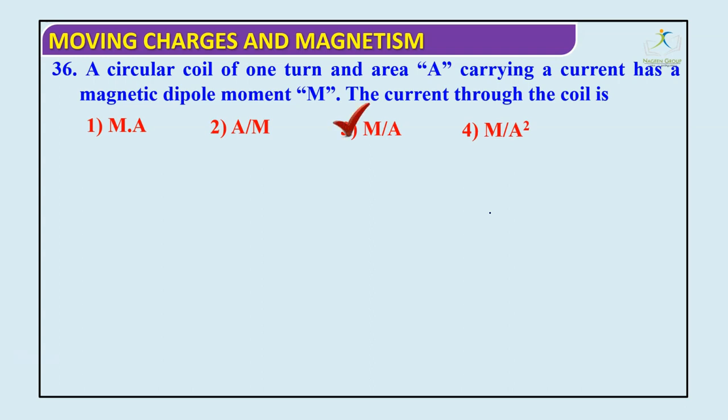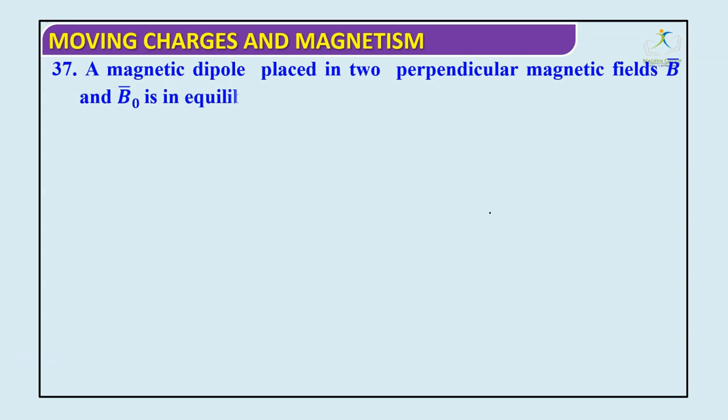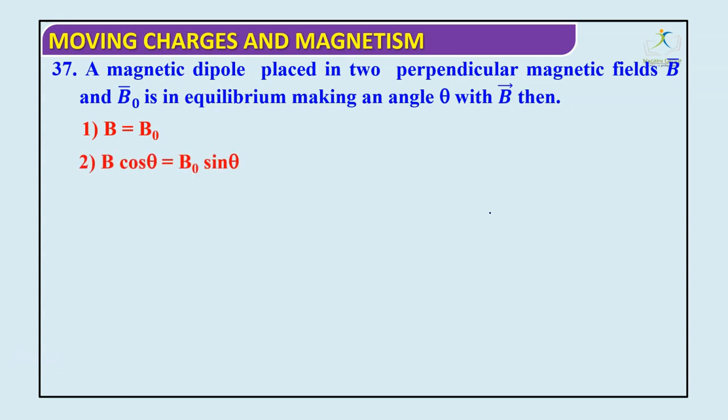The correct answer is M by A. Moving ahead, a magnetic dipole placed in two perpendicular magnetic fields, vector B and vector B naught, is in equilibrium, making an angle theta with vector B. Then B equals B naught, or B cos theta equals B naught sin theta, or B cos theta equals B naught cos theta, or B equals B naught tan theta. The correct answer is B cos theta equals B naught sin theta.